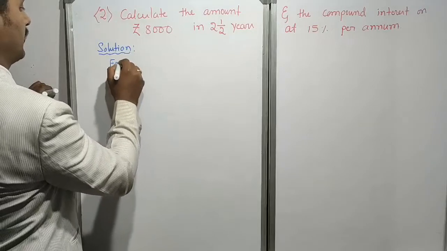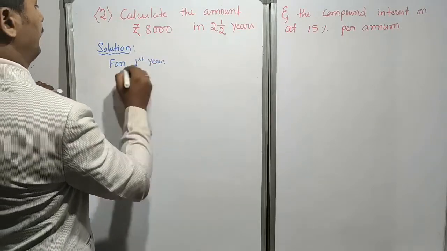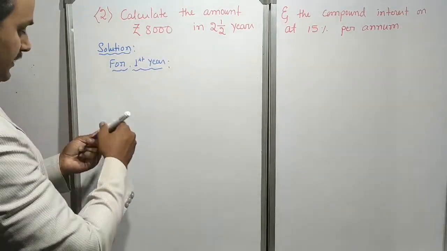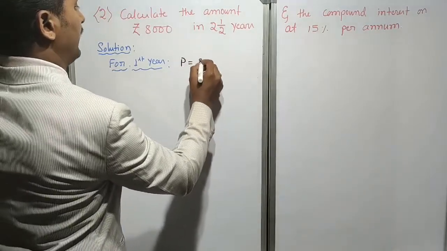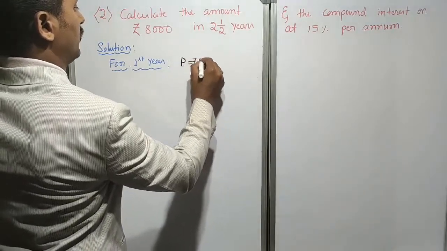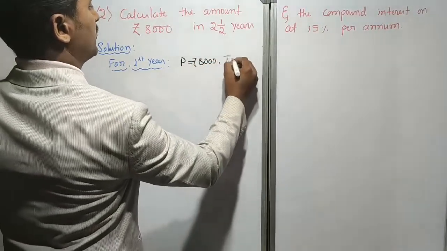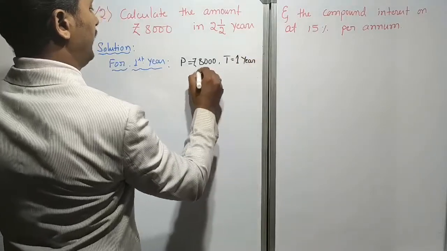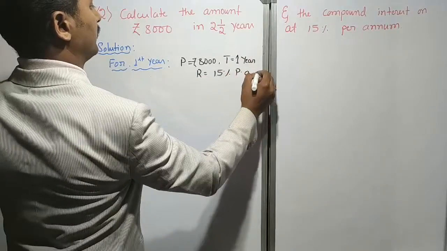For first year. What is that first year? Principal amount, what is it? First year principal amount is rupees 8,000. Time is equal to 1 year. Rate of interest is equal to 15% per annum.